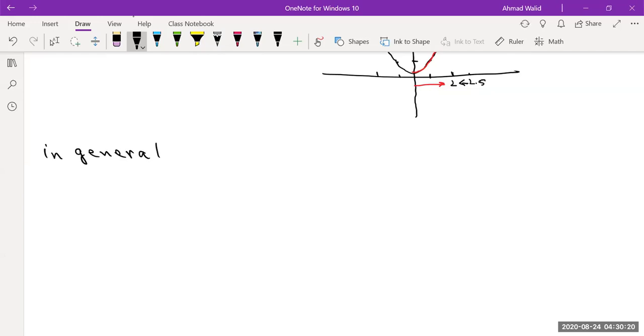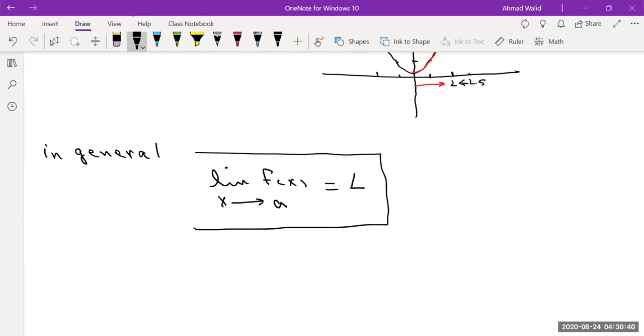If you have the limit of a function, any function, f of x, and your x is approaching to a number a, it always gives you a value which we name L here as a general form. This is the idea of the limit.